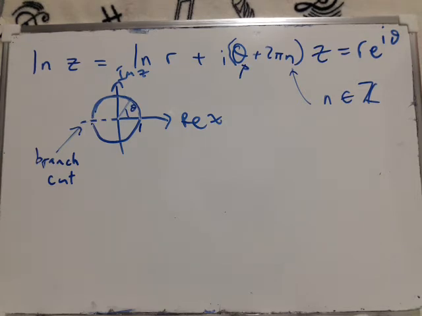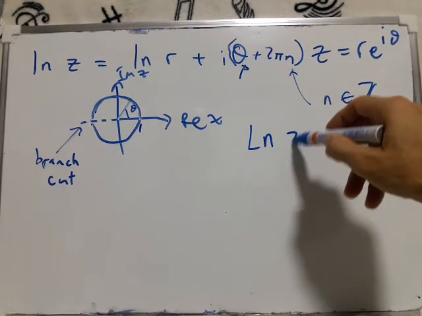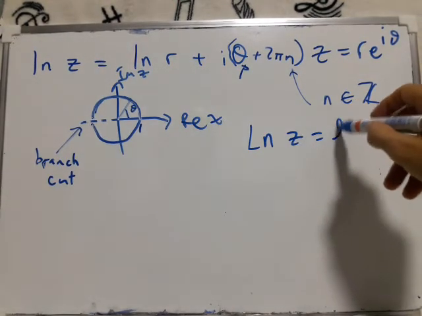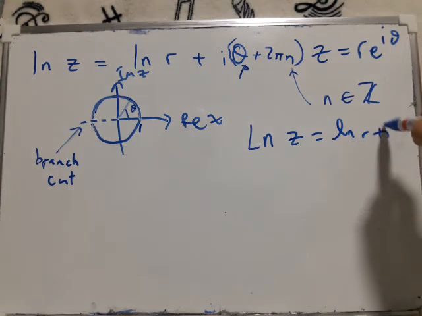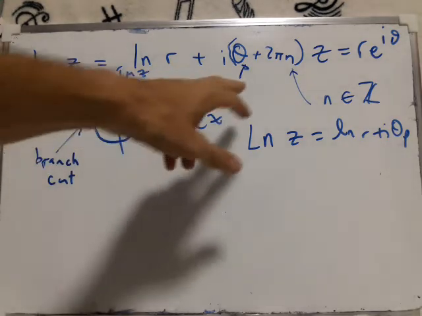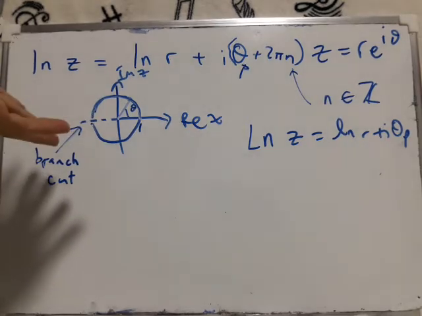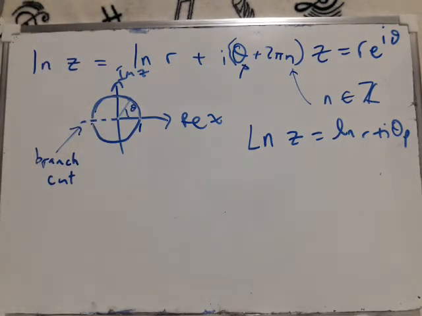So the principal branch, which we've also called capital Ln z, is simply when n is 0, and then we've got the branch corresponding to n equals 1, n equals 2, and so on, or even n equals minus 1, minus 2, and so on. All of those are called separate branches.